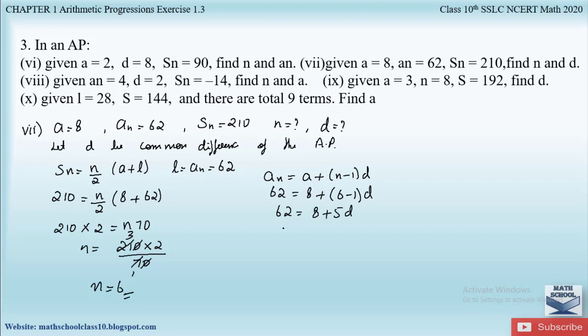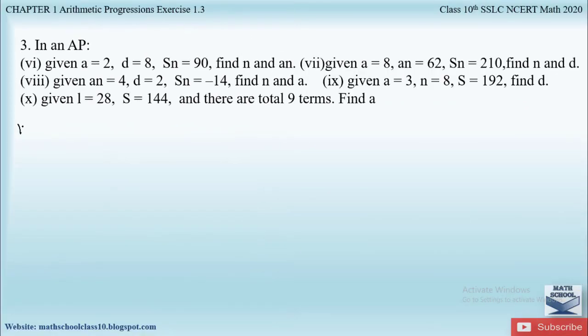So sending this 8 to the left hand side, we will get 62 minus 8 is equal to 5d, or 62 minus 8 is nothing but 54. So 54 is equal to 5d, or d is equal to 54 divided by 5. So we got our d term and the n term. So this is our result.